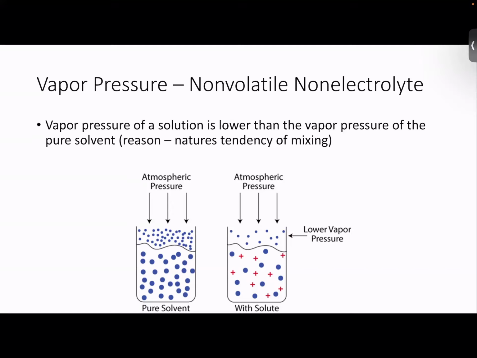The reason that we see a lower vapor pressure is because of entropy, this idea that nature tends to move towards mixing.